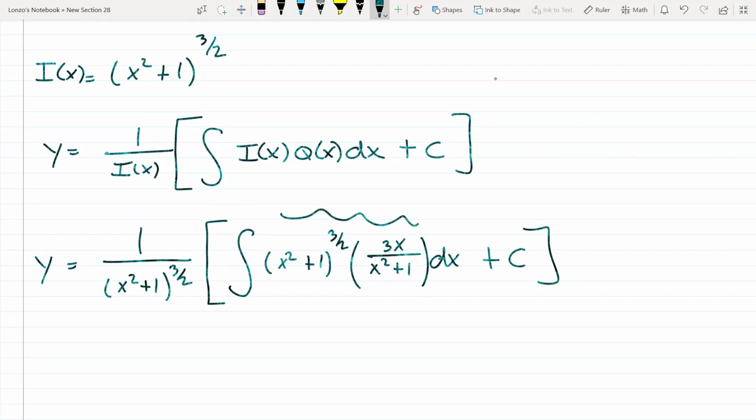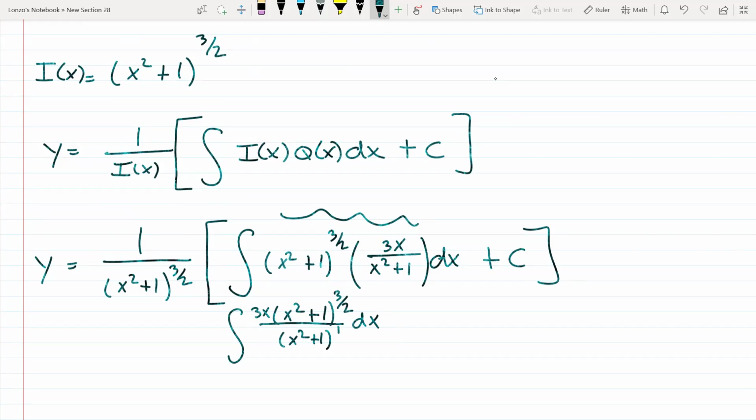This part right here, we can rewrite it as x squared plus 1 to the 3/2, and then maybe put the 3x in front. And then on the bottom, it's x squared plus 1, and then you can put a 1, dx. Now, you can simplify this. X squared plus 1, they're the same base. So when you're dividing with the same base, you subtract the power.